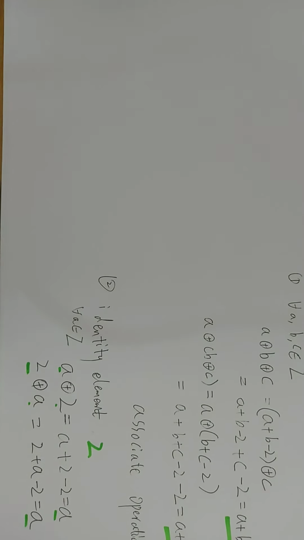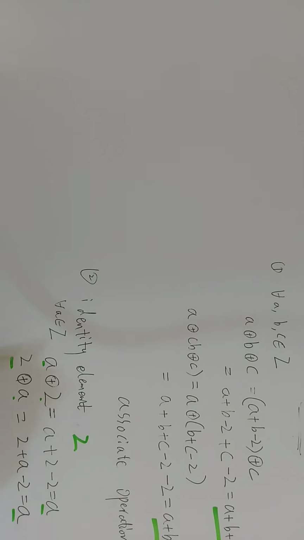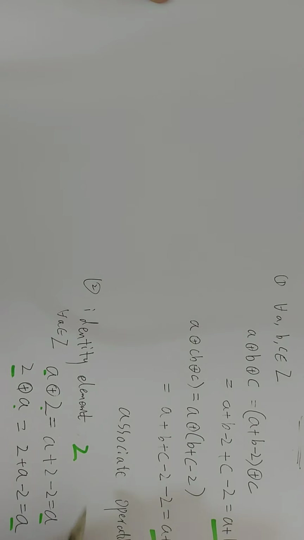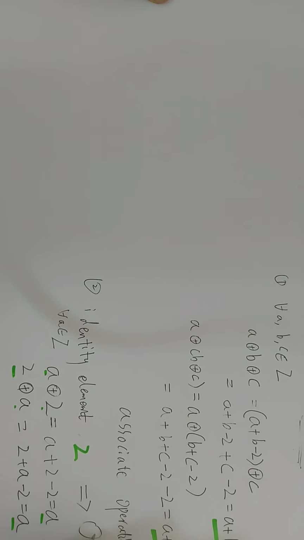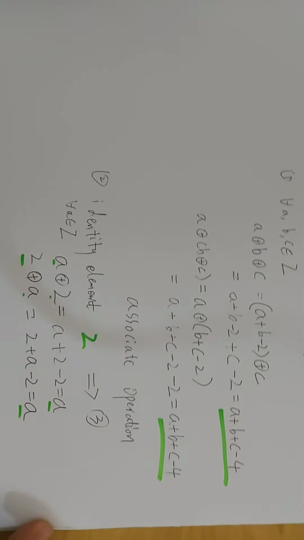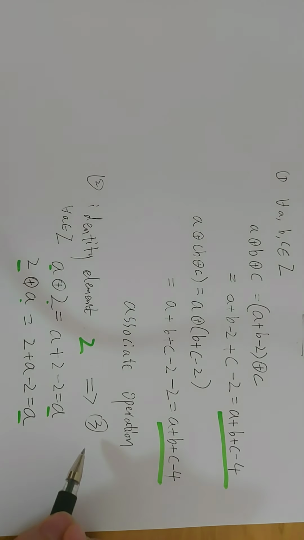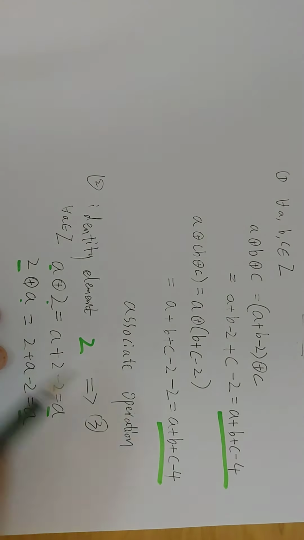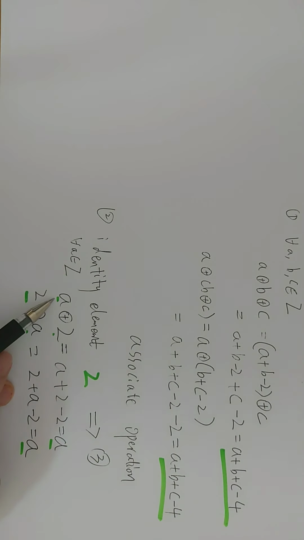And we can continue to prove the next rule, that every element has an inverse element. For an arbitrary element A, what is the inverse element?